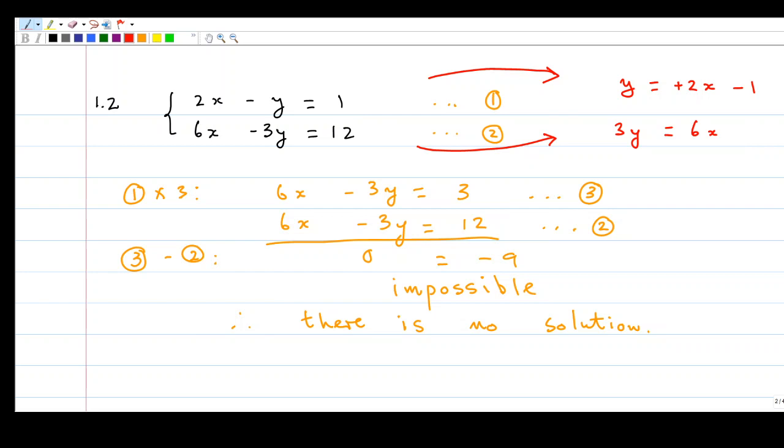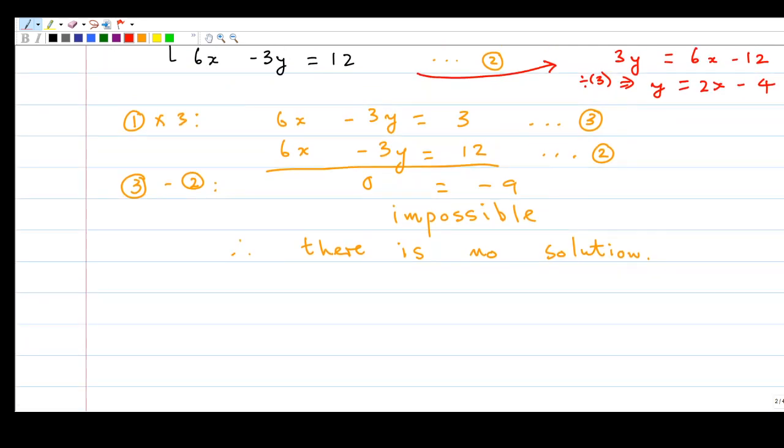From the second equation, 3y is equal to 6x minus 12. If I divide by 3, that implies y is equal to 2x minus 4. You can see from the gradients of those lines, the gradient is 2, so the lines must be parallel, and you can also see that the y-intercepts are different. So you're going to get two distinct parallel lines, so there is no solution.